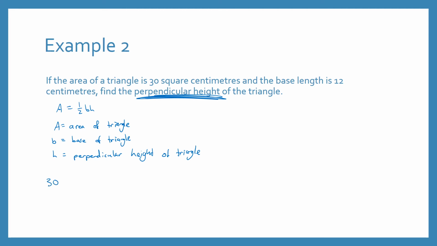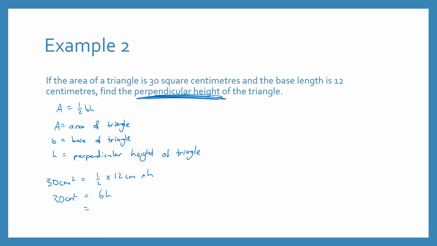So we're going to get 30 centimeters squared equals half times 12 centimeters times our height. So now that's going to be 30 centimeters squared equals 6h. We divide both sides by 6.